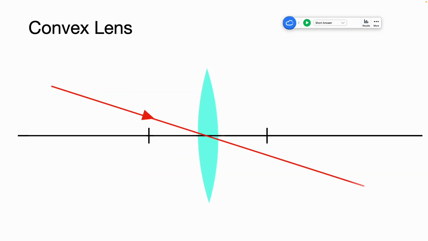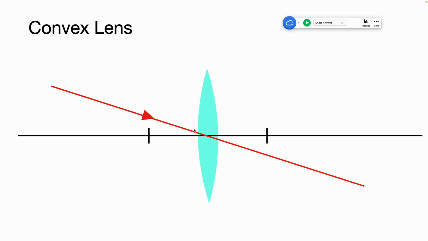For lenses, there's another line that's easier to draw, which is the line that passes through the center. So if the lens is thin enough, which we always assume, then you will see the light that passes through the center doesn't really get bended to another direction. This is an approximation which we always make. We are looking at thin lens.